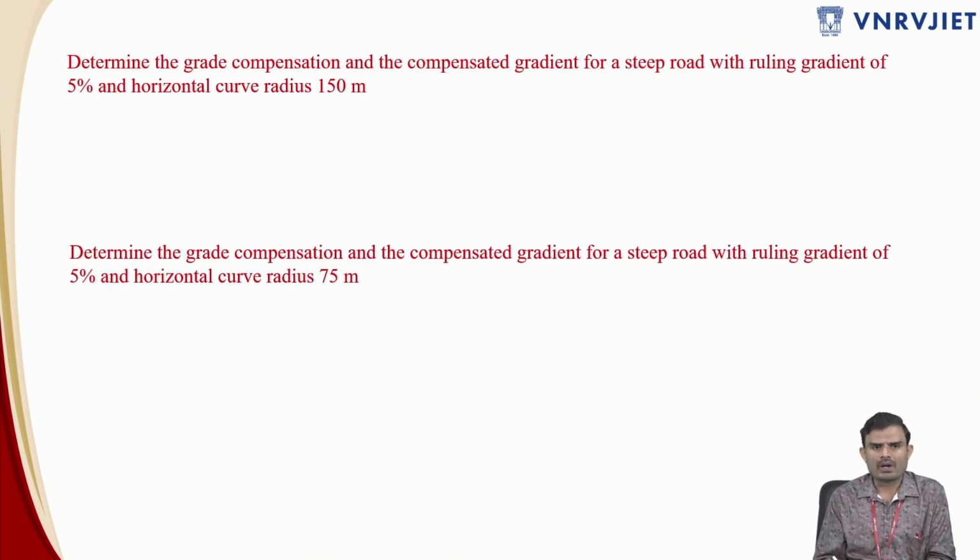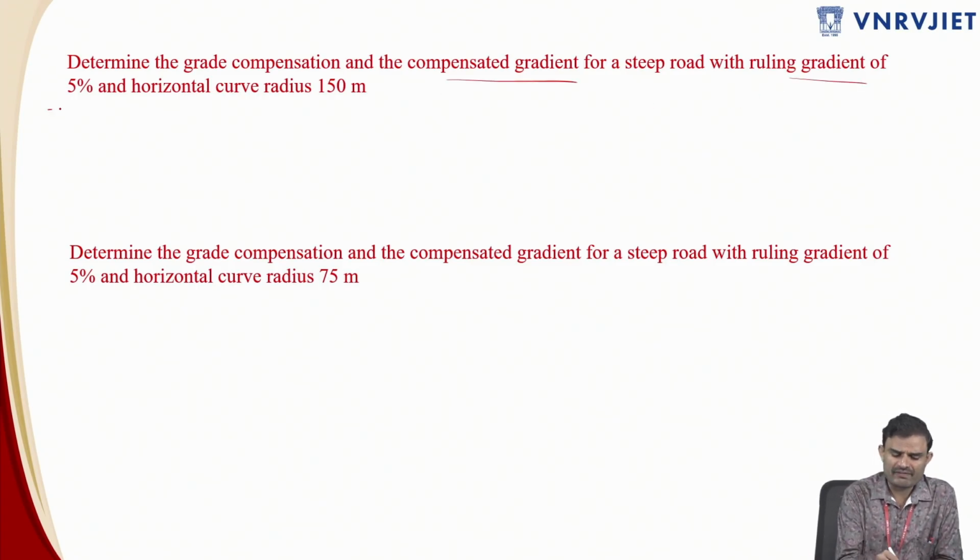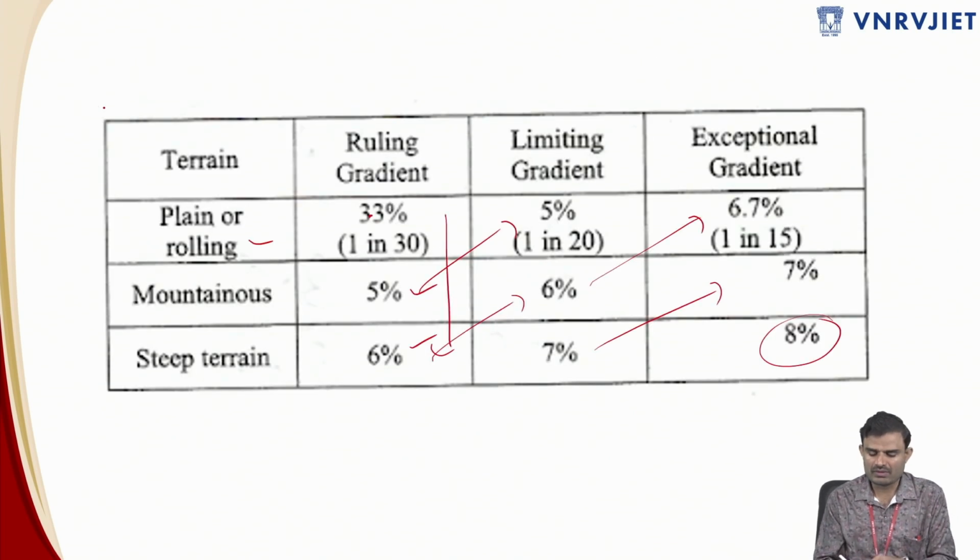So there is a small problem over here. Determine the grade compensation and compensated gradient. So you have to look for grade compensation and compensated gradient for a steep road with a ruling gradient of 5%. If you look into this table, 5% is over here. It can be either a plain terrain, we don't know about the type of terrain, but it might be a plain terrain which is provided with some limiting gradient.